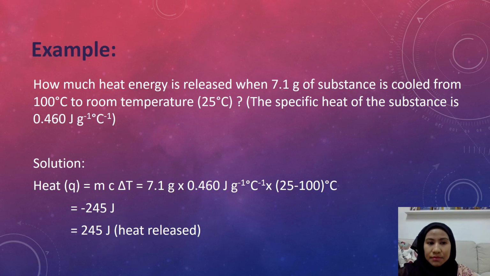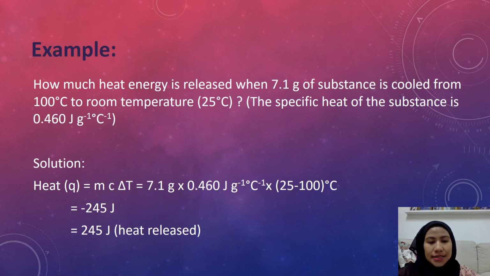This is an example on how to calculate Q. Let's read the question first. How much heat energy is released when 7.1 grams of substance is cooled from 100 degrees Celsius to room temperature, 25 degrees Celsius? The specific heat of the substance is 0.460 joule per gram degree Celsius.